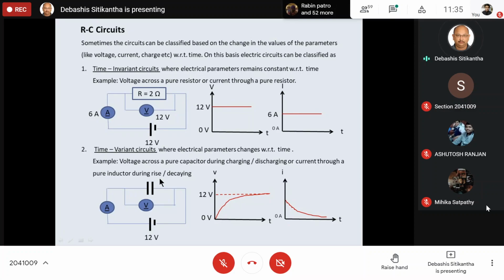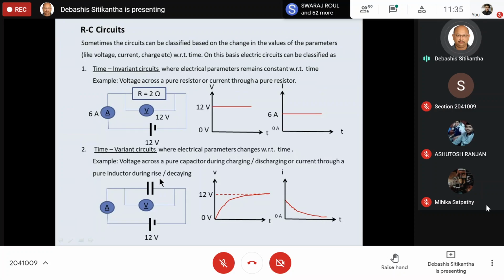Now, there are certain circuits in which some of these electrical parameters vary with respect to time. For example, in case of an AC circuit, sinusoidal AC, we have the voltage and current to be time varying. That means the voltage magnitude is going to vary with respect to time.